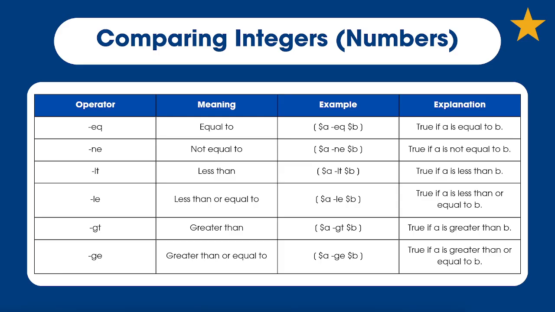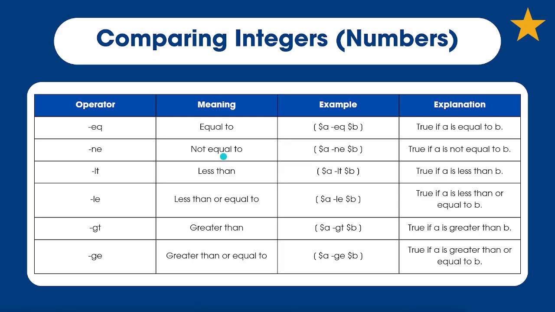So if you want to see if two numbers are equal, whole numbers, we call those integers, you're going to use the dash EQ. Notice the spaces, right? So it's your variable space dash EQ space, and then your next variable. Or it could be a literal value. It can be an actual value that you're putting in there, like, equal to 5. Is user age equal to 5?